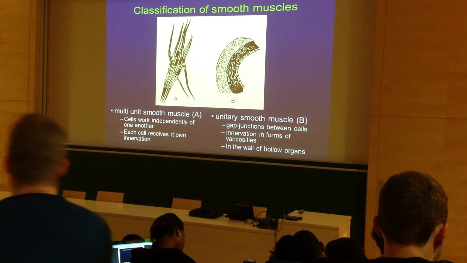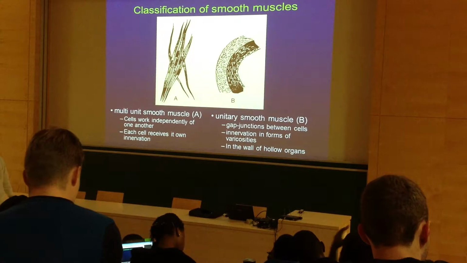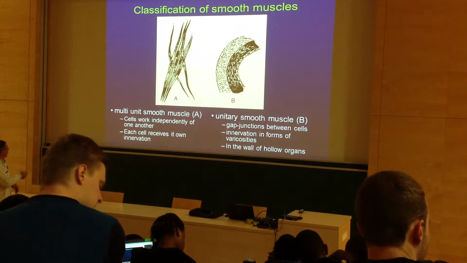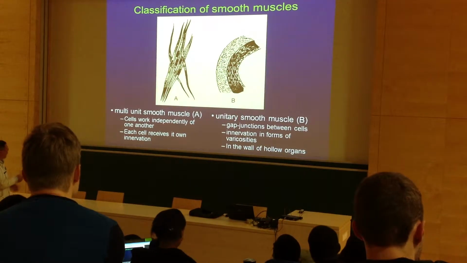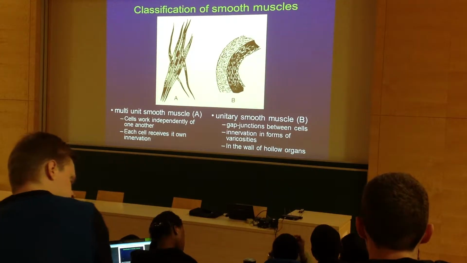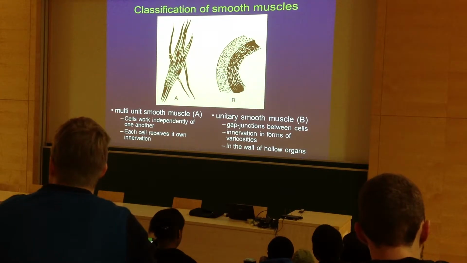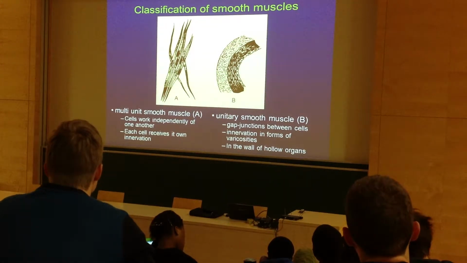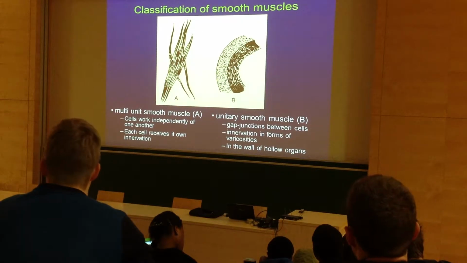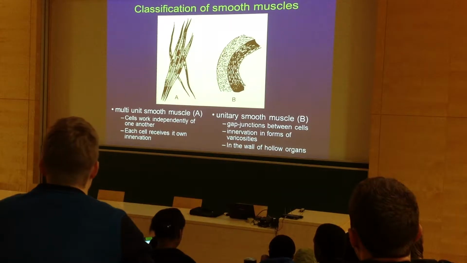Smooth muscle as a tissue is usually divided into two big groups. One is called the multi-unit smooth muscle. The other one is called the unitary smooth muscle. And this simply refers to how they are activated and how they respond to this activation.